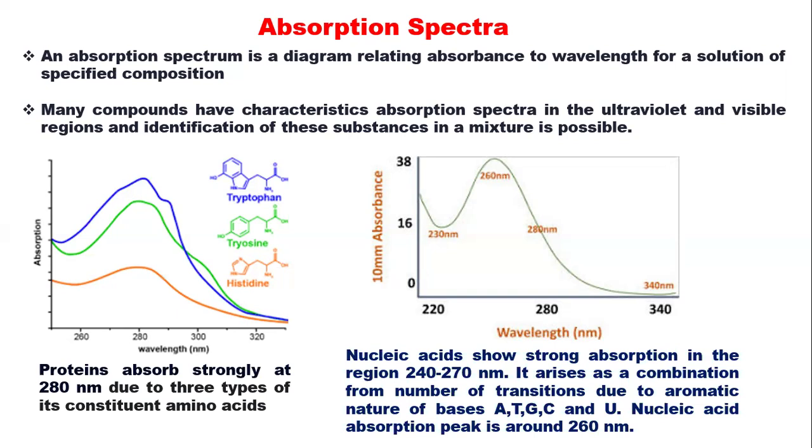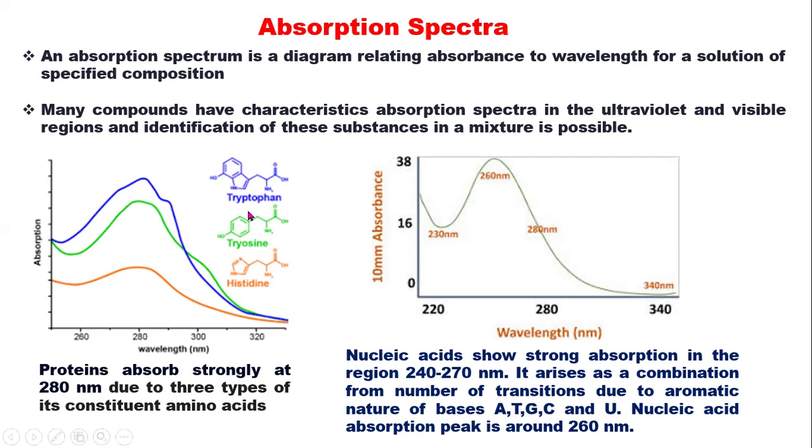Many compounds have characteristic absorption spectra in the ultraviolet and visible regions, and identification of these substances in a mixture is very possible. For example, as I earlier explained, proteins can absorb strongly at 280 nanometers due to the aromatic amino acids among their constituents.